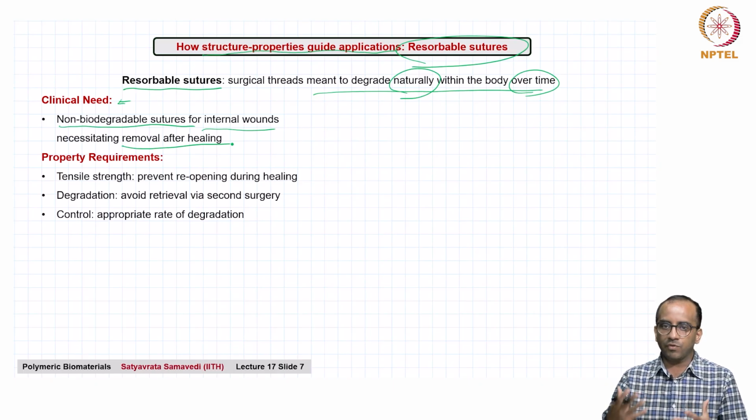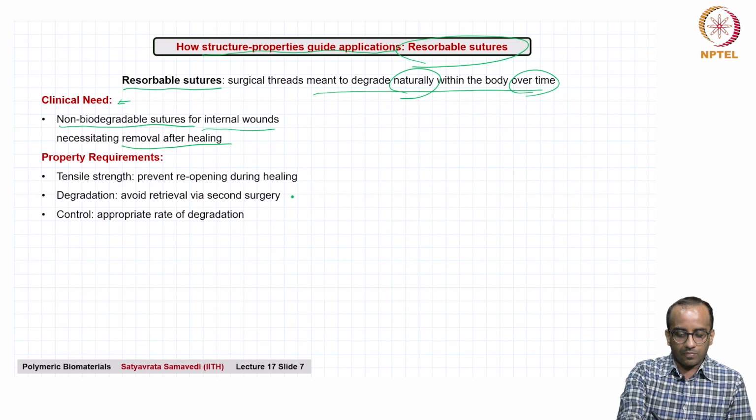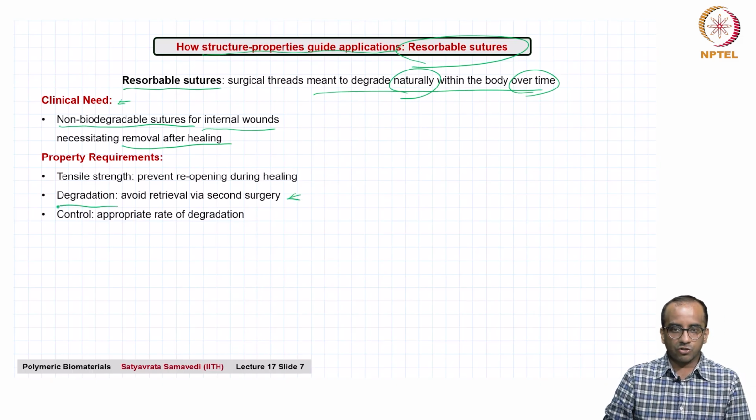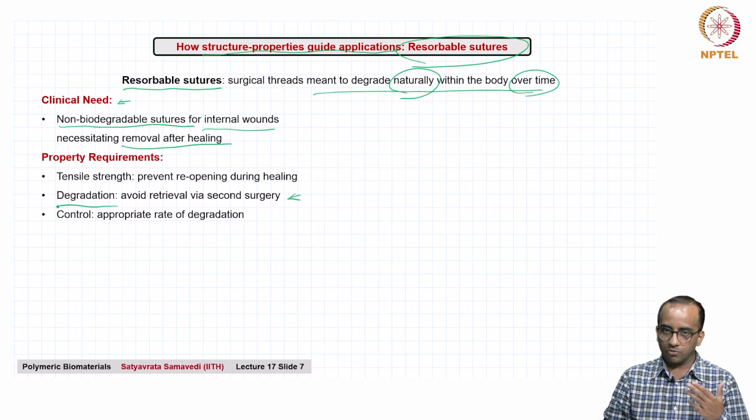But if you don't want that and you want a suture that can degrade naturally with time, one of the properties you want, of course, is degradation, which is to avoid retrieval through a second surgery or maybe even a quick removal by going back to the doctor.